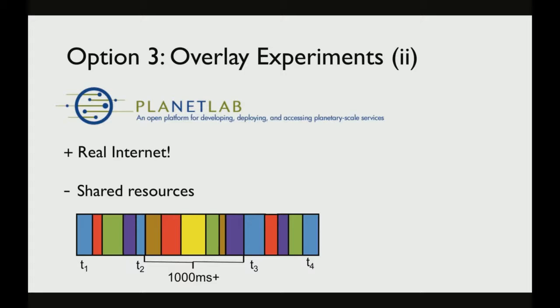So let's say you're the blue slice, so your experiment is in T1 here and then T2, and then you can get kicked out for maybe 1,000 milliseconds or a full second or more, which, if you're trying to do high fidelity experiments in terms of the timing of something, whether that's an attack experiment or a performance related experiment, turns out, well, okay, that's not so good.